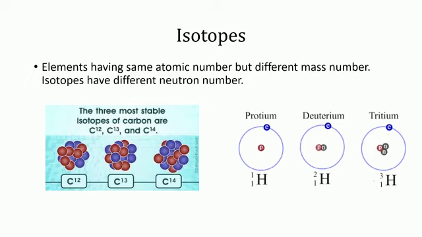Uses of isotopes. Isotopes of some elements are radioactive. They are used in various fields such as industry, agriculture, medicine, research field, etc. Uranium-235 is used for nuclear fission and production of electricity. Some radioactive isotopes like cobalt-60 are used in the medical treatment of fatal diseases like cancer.